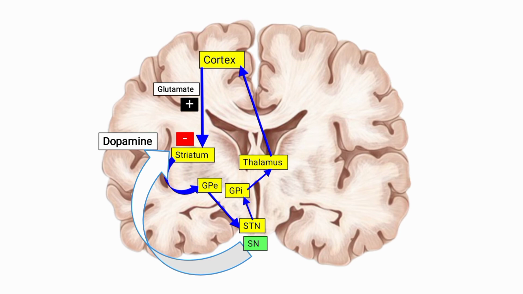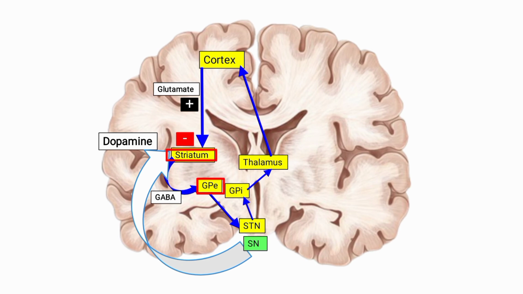What does that mean? Well, normally you would be sending lots of action potential from striatum to globus pallidus externus. But because we have some inhibition to those neurons, now there's going to be decreasing action potential moving from striatum to globus pallidus externus.